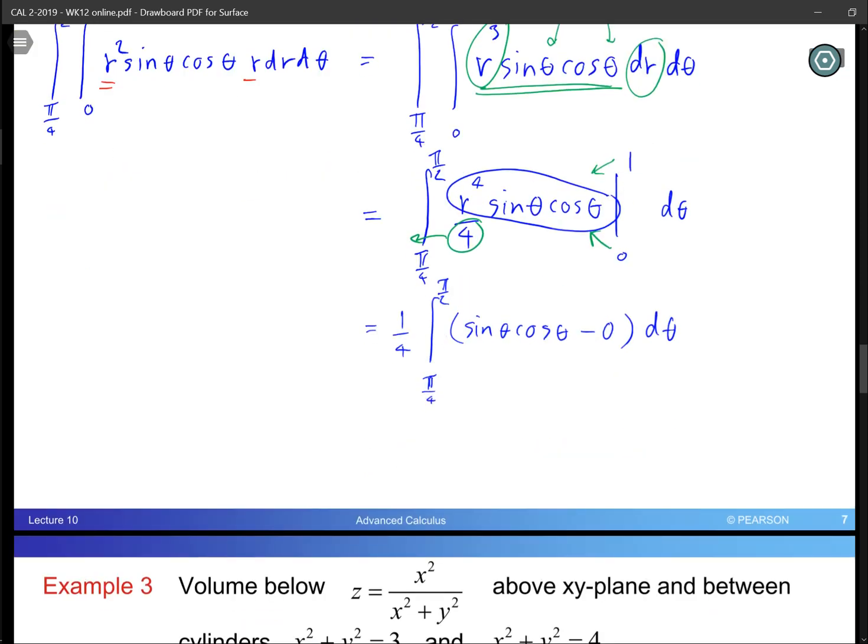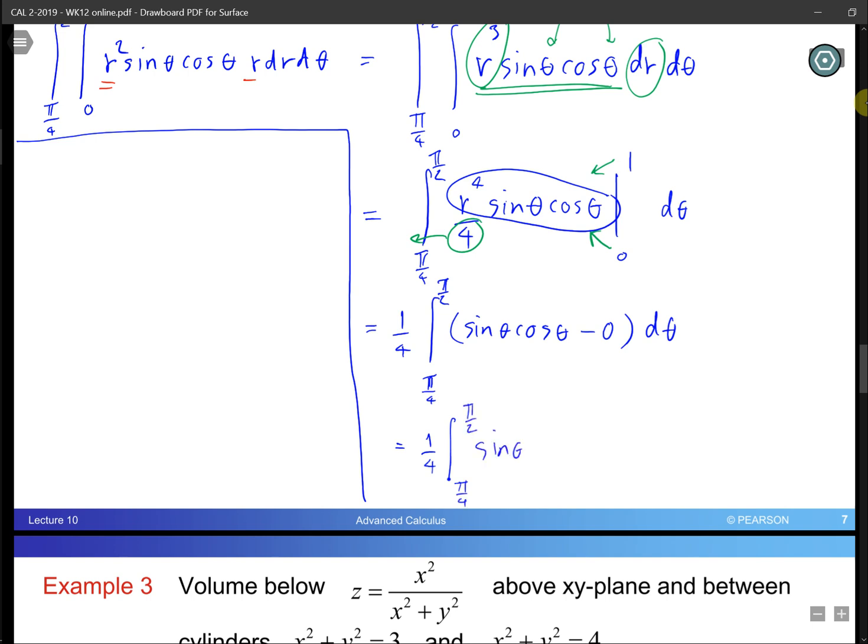Okay, I'm going to continue on this side because I ran out of space. Sorry for the mess. Okay, now we need to do this. Integration of 1 over 4, integration from pi over 4 to pi over 2 of sine theta cosine theta d theta.